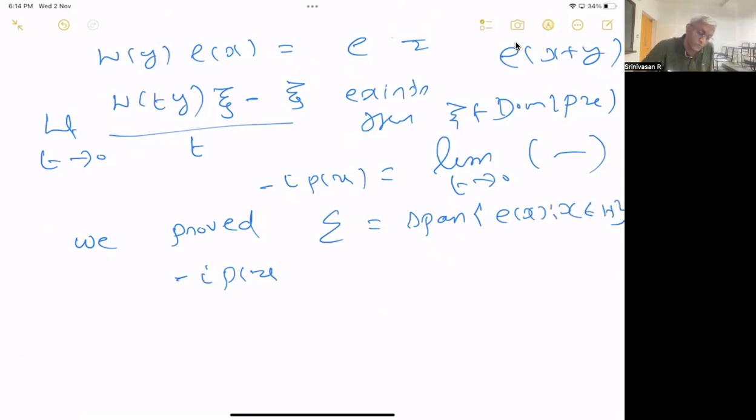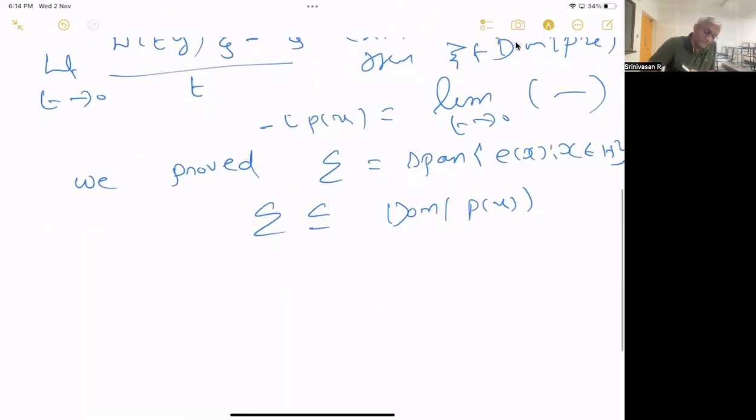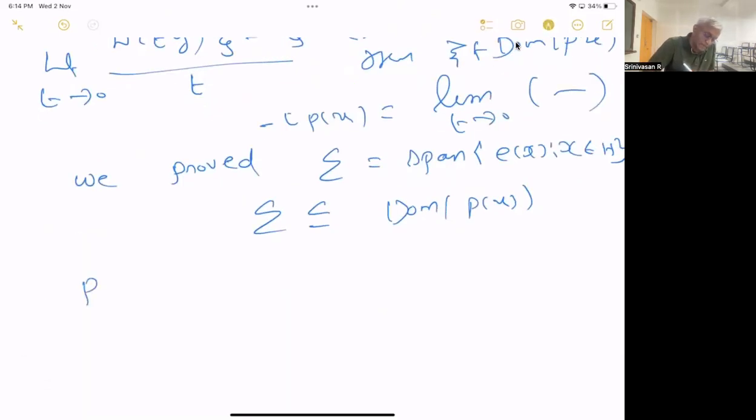So then we proved that E is contained in the domain of P of u. And we even verified what iPu does when acting on any E of x.